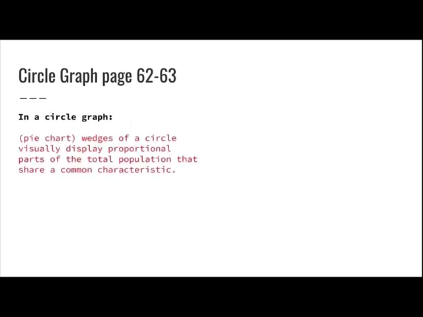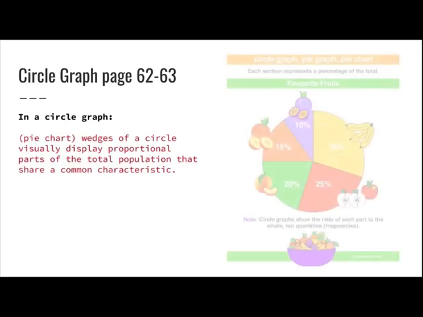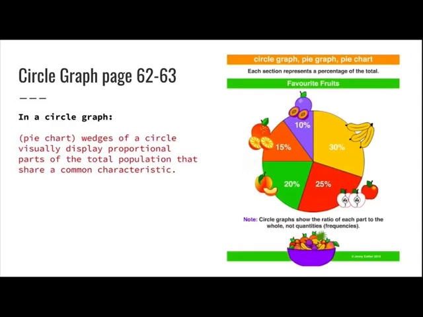Then we have circle graphs. A circle graph is also called a pie chart. So we have wedges of a circle visually displaying proportional parts of the total population that share a common characteristic. So for example, on the right, we have our favorite fruits. And notice how if you add up each of these, 15 plus 10 plus 30 plus 25 plus 20, you're going to get 100.